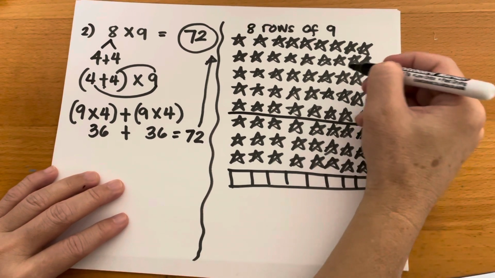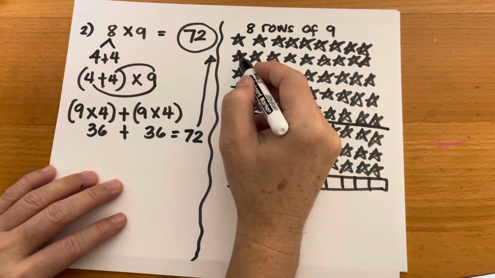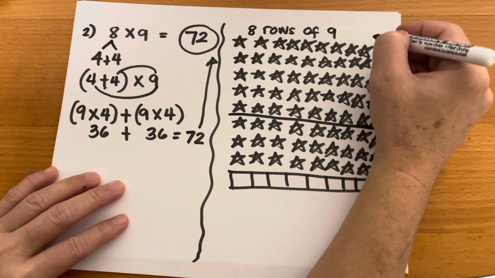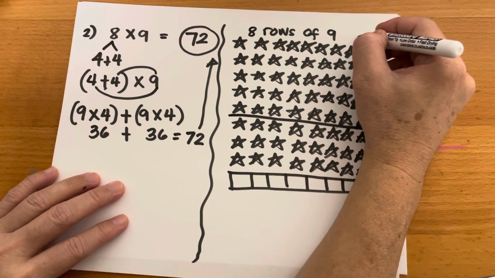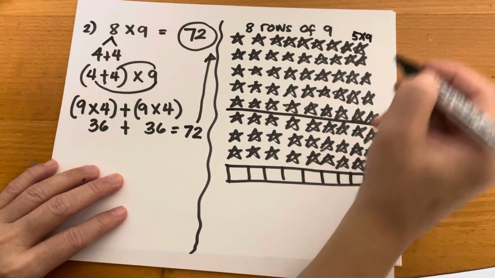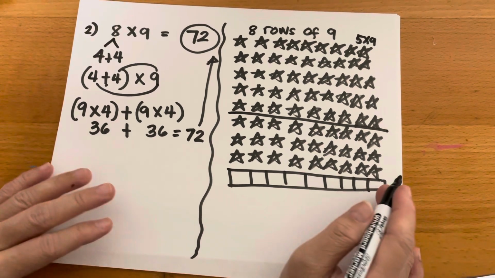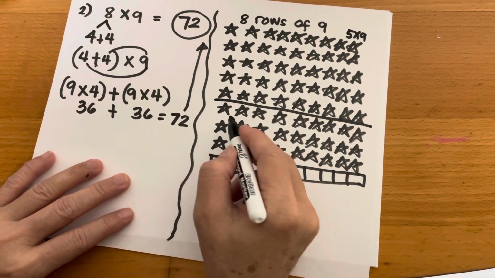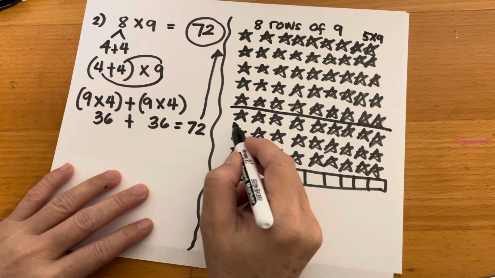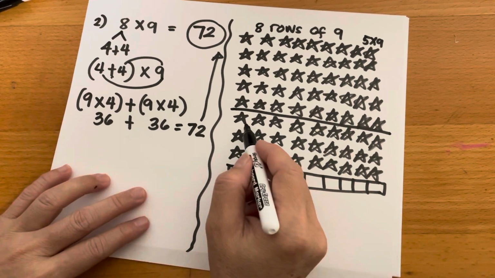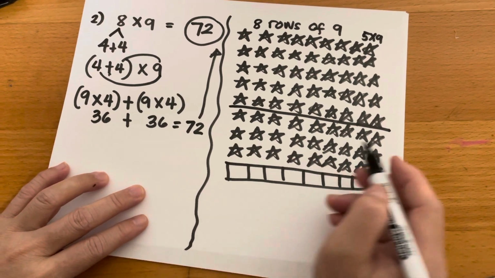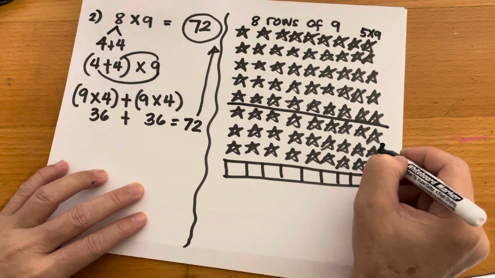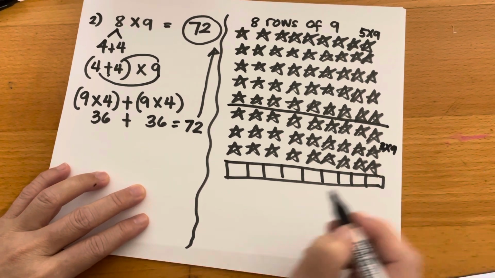So you have 5 rows of 9. This will become 5 times 9, right? We don't have enough space. Then the remaining group, you have how many? 3 rows of 9. So 3 times 9.